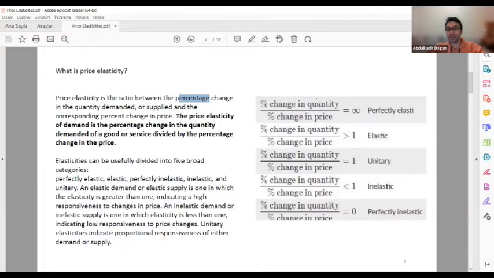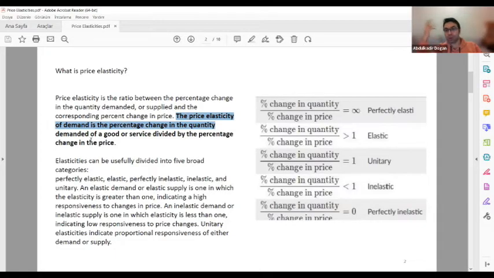So quantity demanded in the numerator is percentage change, and the price of the good, percentage change, is in the denominator. So the price elasticity of demand is the percentage change in the quantity demanded of a good divided by the percentage change in the price. This is your definition. Okay.